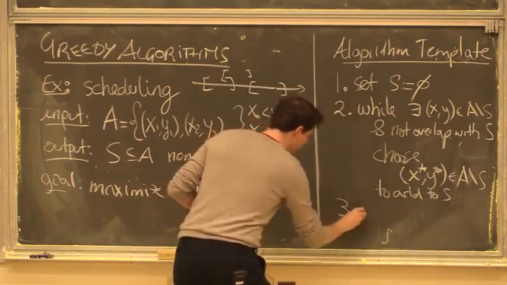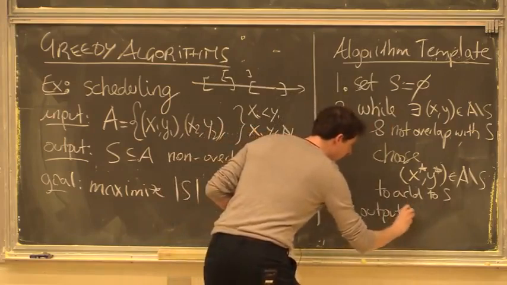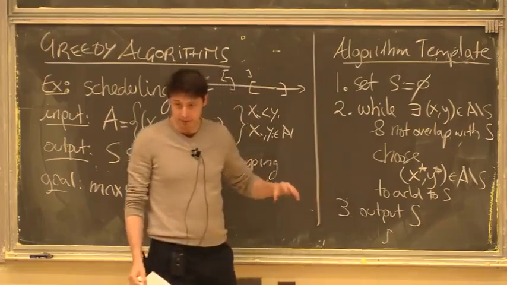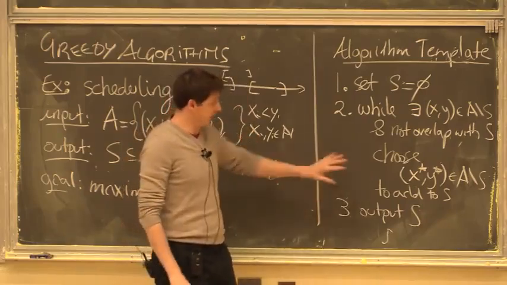And then eventually you're going to output S. Now, we haven't said how we're going to choose it. That's where the smarts of the algorithm is.